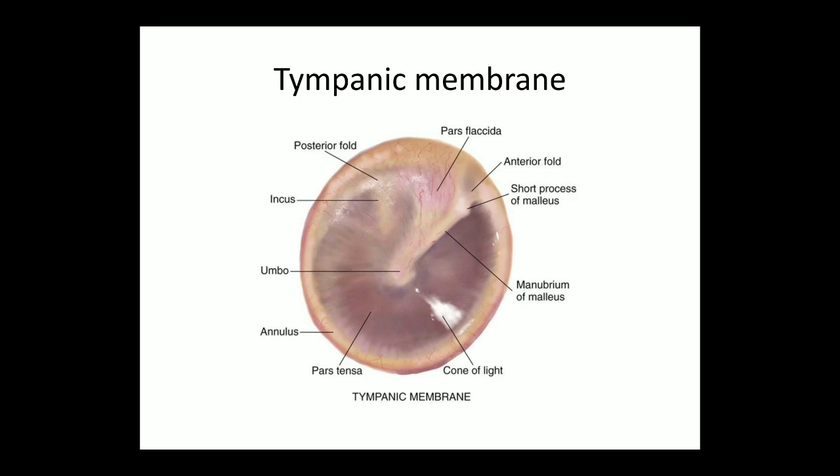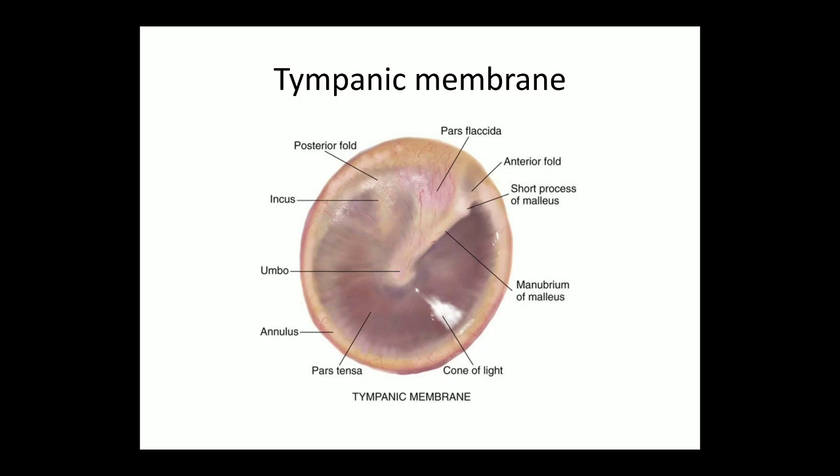Then layers: there are three layers: outer epithelial layer, middle fibrous layer, and inner mucosal layer. Now the tympanic membrane has two parts: pars tensa and pars flaccida.